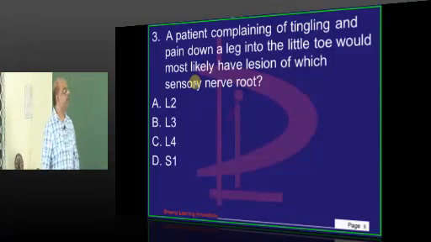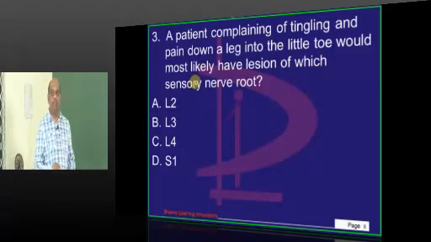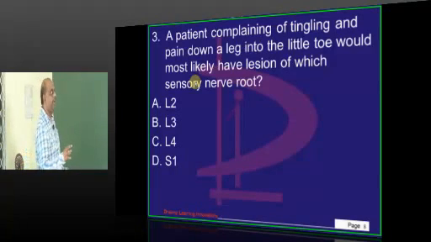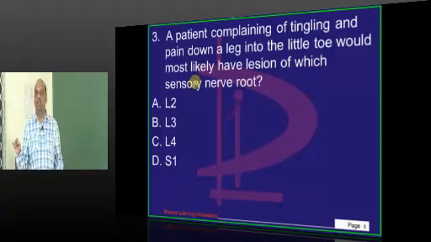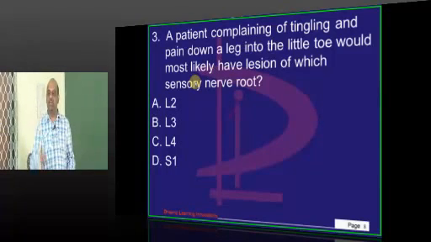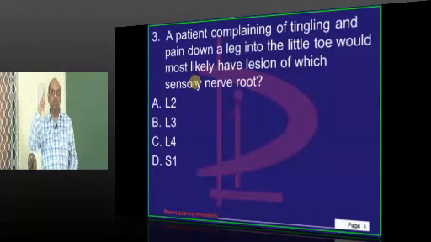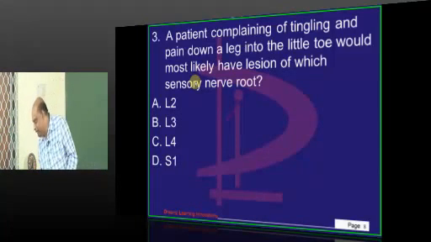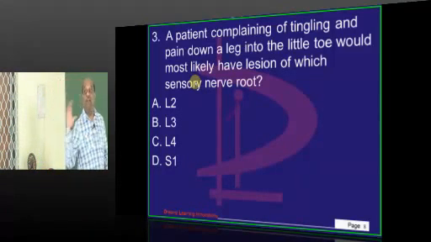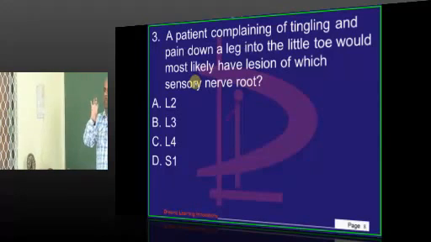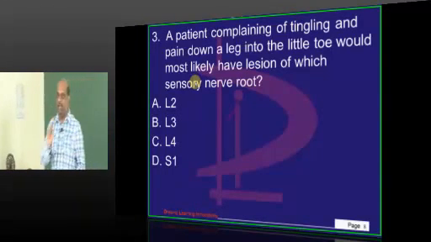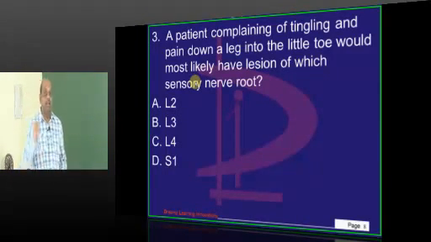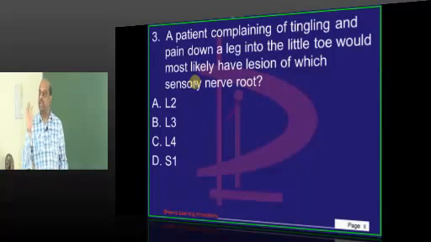A patient is complaining of tingling and pain down the leg involving the little toe. Little toe is which root value? Big toe is what? You will remember, a very important clue: L5. 5 is a big number, no? Big toe is big in size. S1 is the small toe.